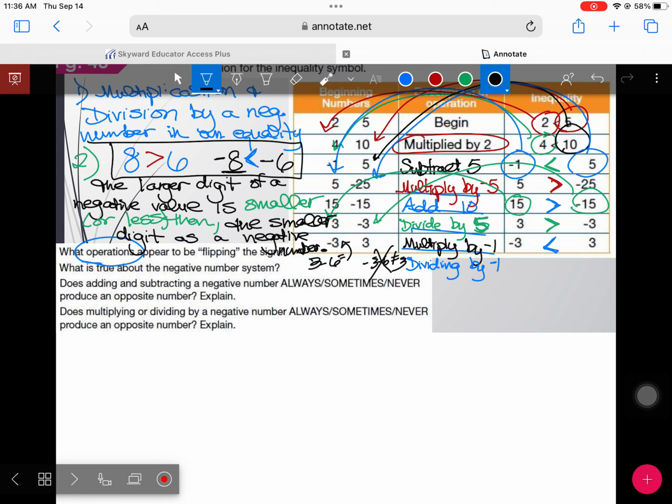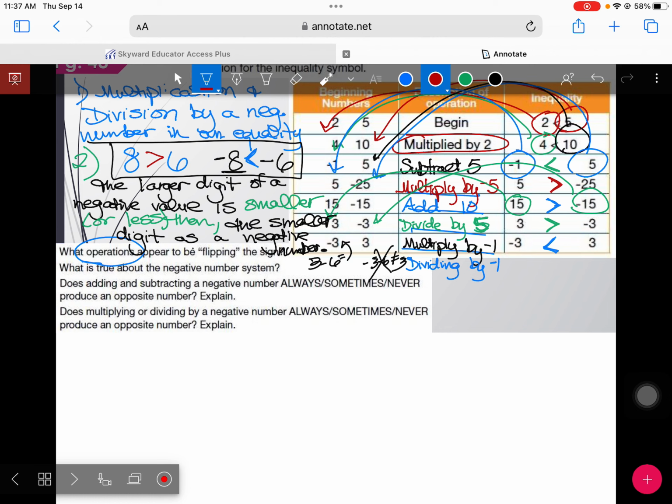Here's my question. Do they mean an opposite number, or do they mean an opposite sign or opposite value? I know what it says. Does adding or subtracting a negative number always, sometimes, or never produce an opposite number?